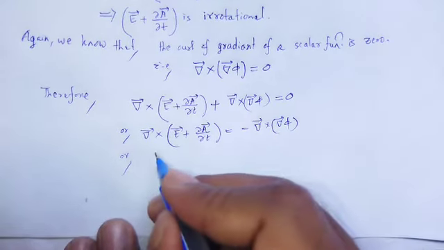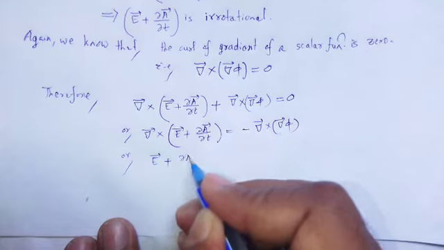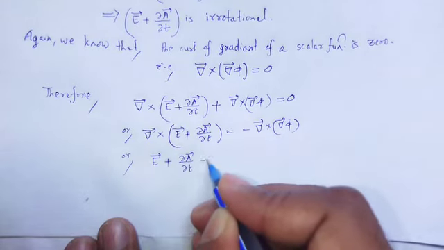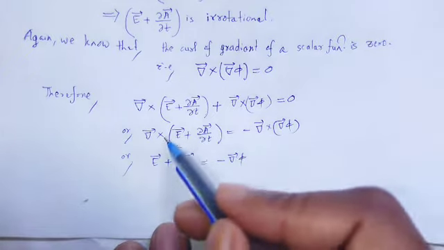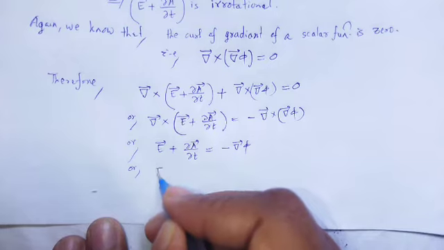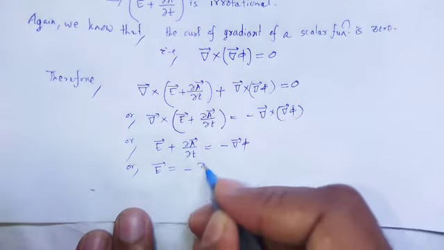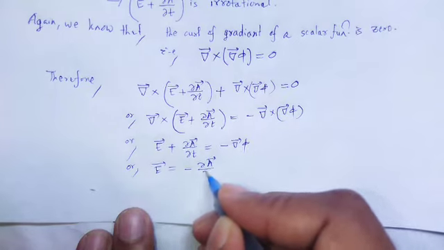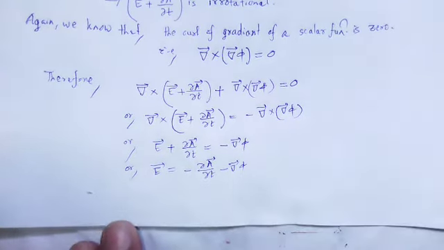On both sides the curl cancels, and we obtain E plus del A by del t is equal to minus grad phi. Therefore, E is equal to minus del A by del t minus grad phi.